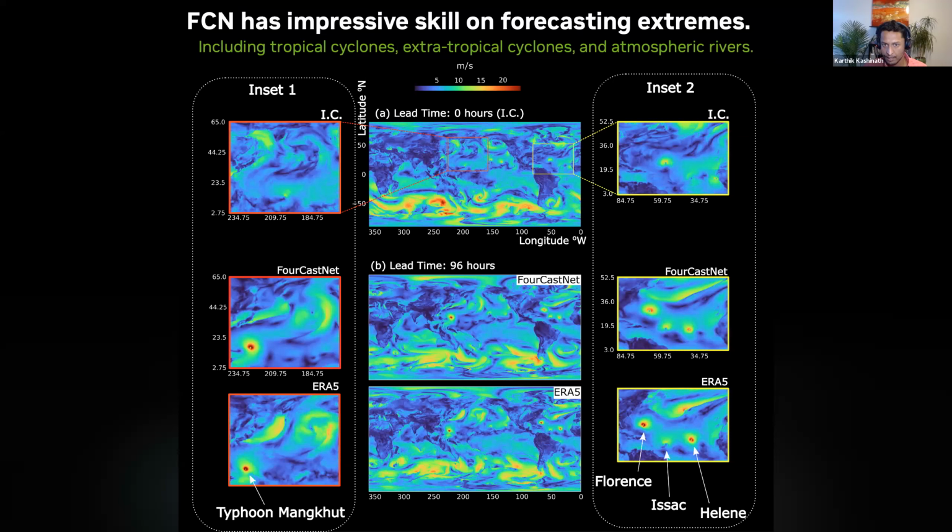On the right is an inset in the Atlantic, and there was this really strange phenomenon of a series of hurricanes forming one behind the other, Florence, Isaac, and Helene. And this is also captured quite nicely by ForecastNet. We get into more details in the paper on the prediction skill with regards to the trajectories of these hurricanes as well as their intensities.